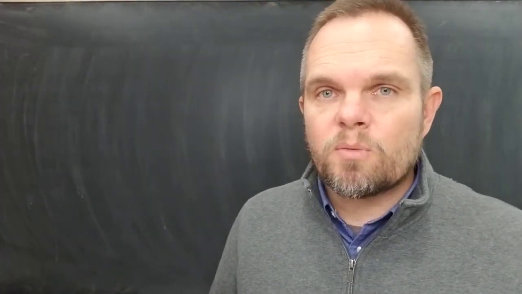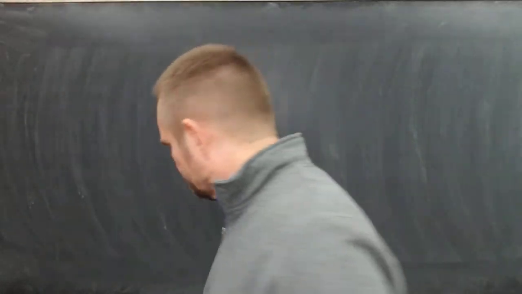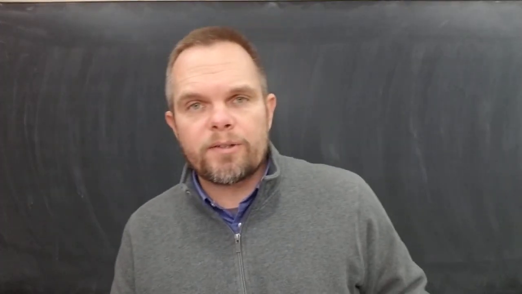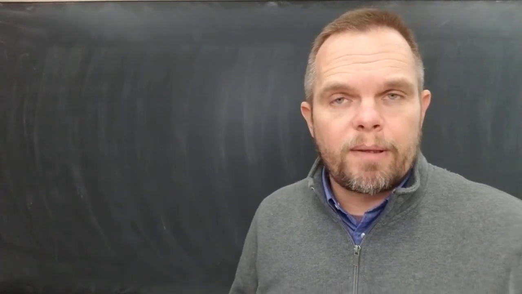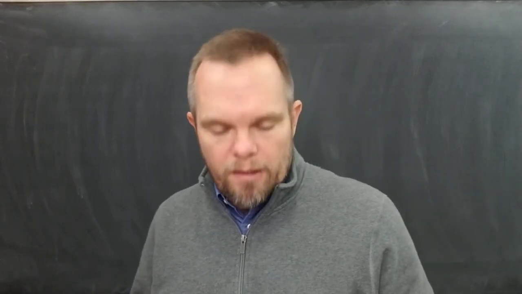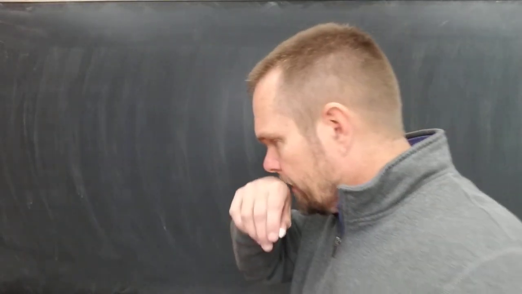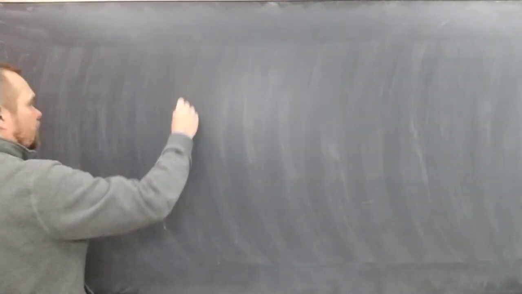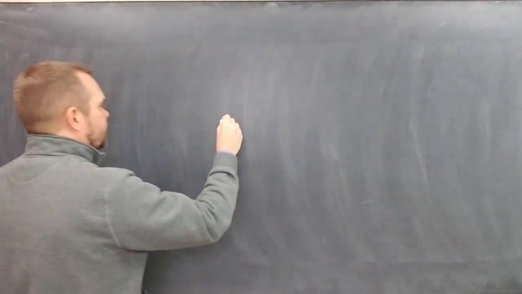So let's just walk through the Greek alphabet. And we've learned that there are 24 letters in the Greek alphabet as opposed to 23 in the Latin alphabet and 26 in our modern English alphabet. So the first letter of the Greek alphabet is alpha, and I'll write these big so we can see them.